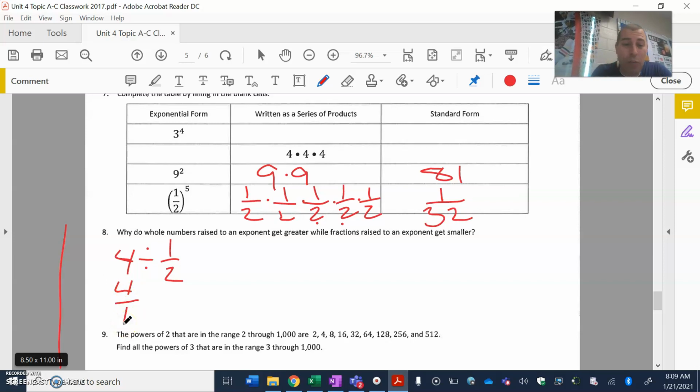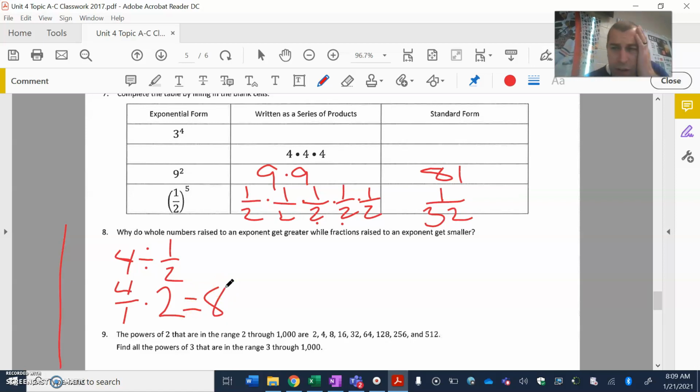Remember, to divide, we multiply by the reciprocal. So these are the exact same statements. If you're dividing something by a half, you're really multiplying by 2, so you're going to get 8. So that's why that one's getting bigger with the division with the fraction.